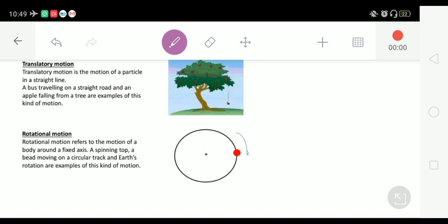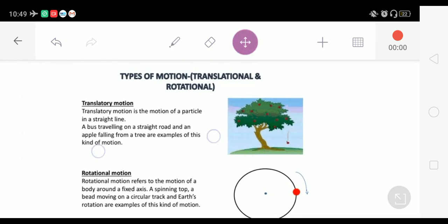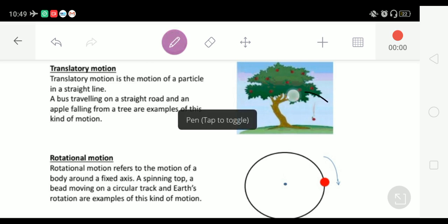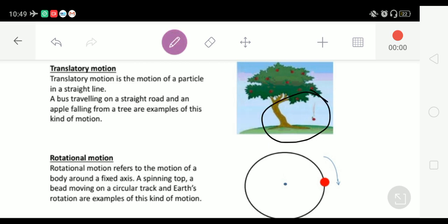First is translatory motion, and second one is rotational motion. What is translatory motion? When an object travels in a straight line, as you can see over here, the falling of an apple from the tree. When an apple falls from a tree, it moves in a straight line downwards towards the ground.